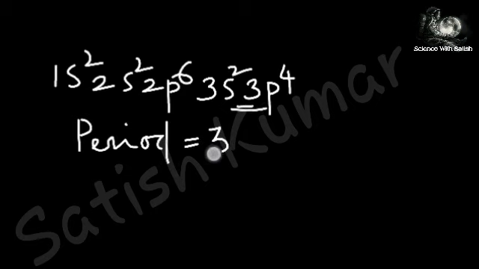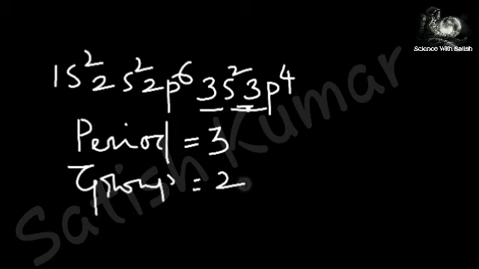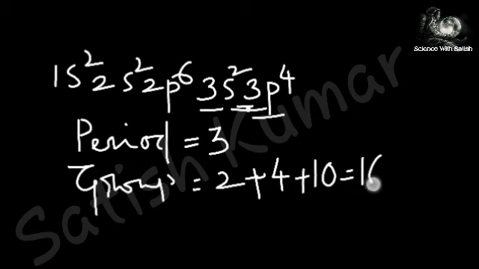So, the period is 3. The group, if it is p block, then the number of electrons in ns is 2, and the number of electrons in p is 4, plus 10. So, 10 plus 4 plus 2 is 16. So, the group number of the element given is 16.